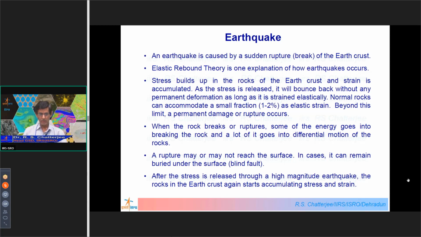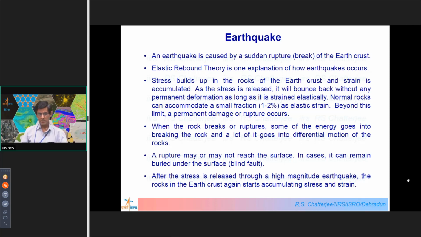Finally it reaches the yield strength of the rock, and then the rock needs to release the stress, and when it releases the stress, it will bounce back without any permanent deformation, as long as it is strained elastically. Normally the rocks can accommodate only a small fraction, generally 1 to 2%, as elastic strain, and beyond this limit permanent damage takes place or rupture occurs in the rock.